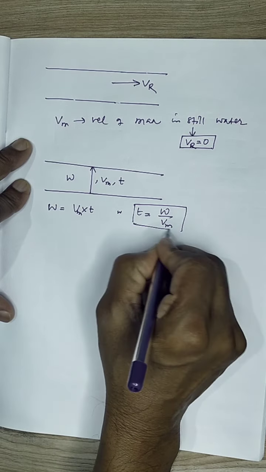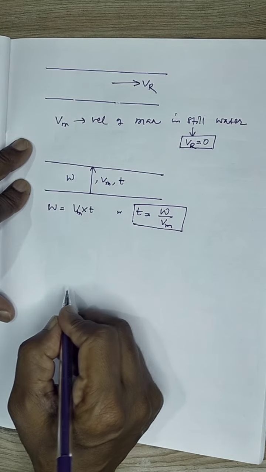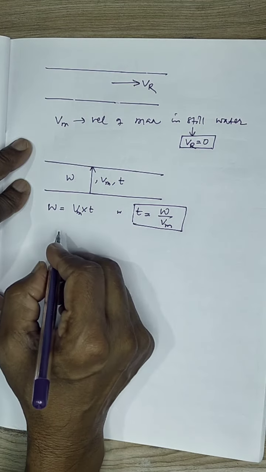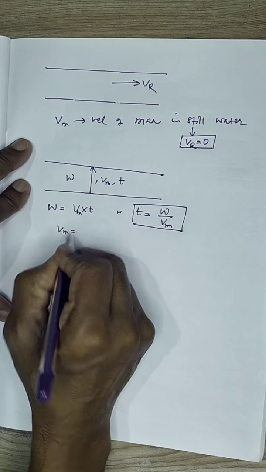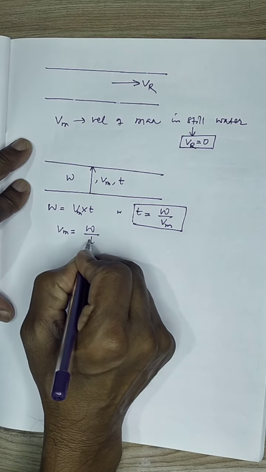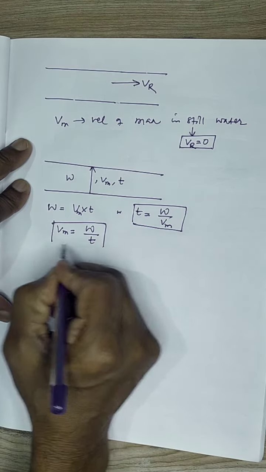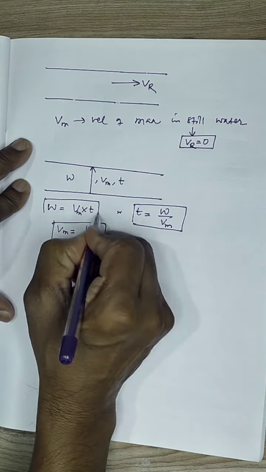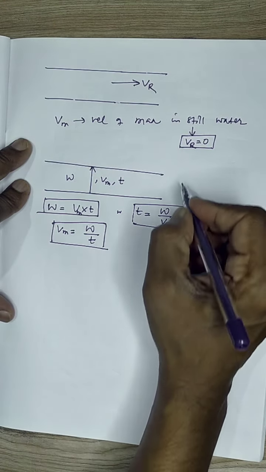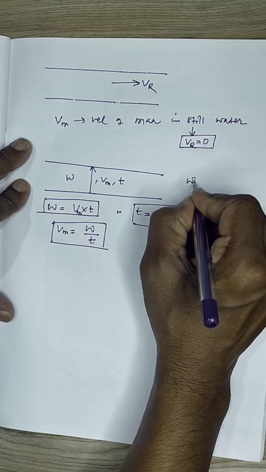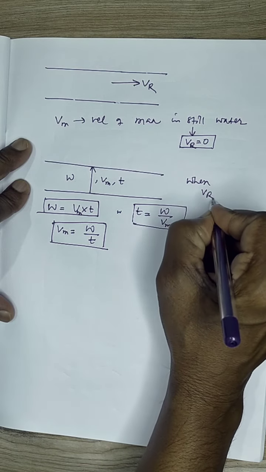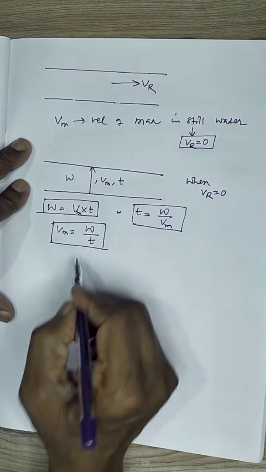That is the time it will take to cross the river. Or velocity of man should be width by time. This is the case when Vr is equal to 0.